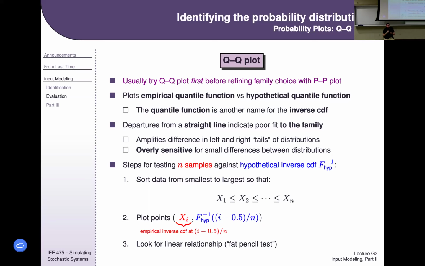So if it's a normal distribution, just pick the standard normal. The parameters won't matter in the choices here for this hypothetical distribution. This is the idea that we're trying to fix the family, not the parameters. Then we evaluate how well this looks and look for a linear relationship.